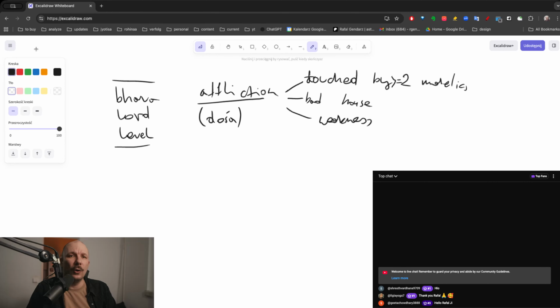Also, we have 12 houses there, so it has the biggest umbrella of meaning. Like if we have only 3 gunas, sattva, rajas, and tamas, and we try to categorize things which are divided into three, it will be much more difficult.